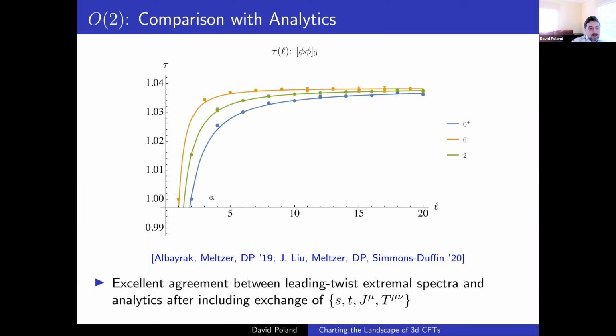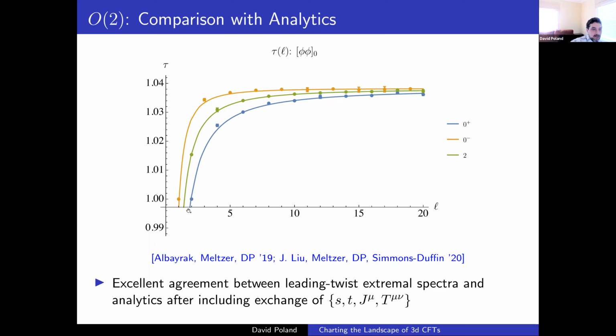And so those correspond to the stress energy tensor and O2 current, whose scaling dimensions are fixed. And you can see that these data points shown in this plot are the data extracted from this extremal spectrum approach.